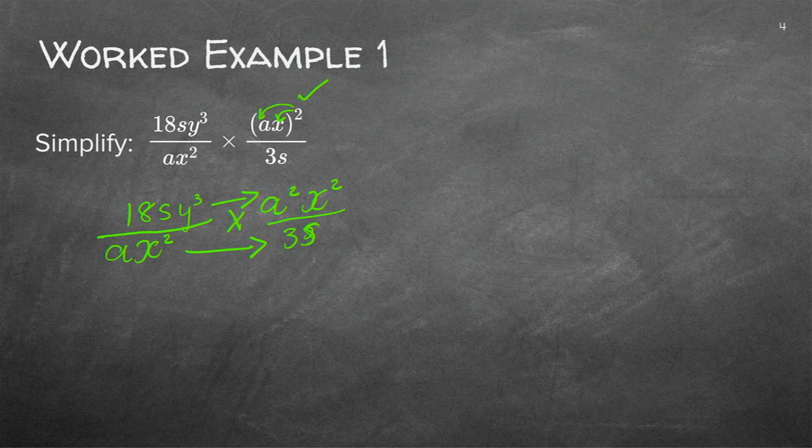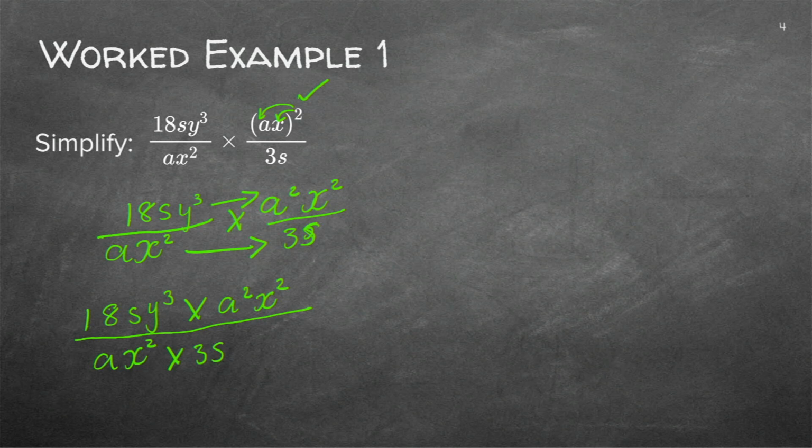So I have 18sy to the power of 3 multiplied by a squared x to the power of 2 divided by ax to the power of 2, 3 times 3, let me write that properly, times 3s.